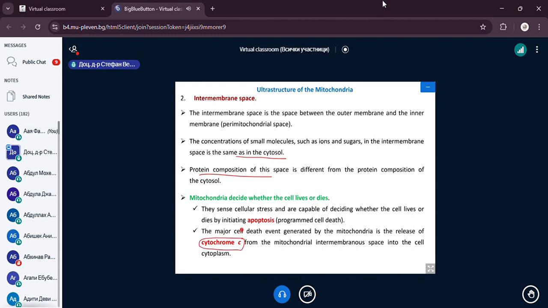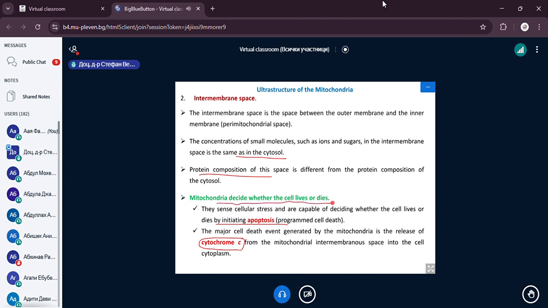Cytochrome C is a special molecule involved in the initiation of a process quite important for each cell called apoptosis. Apoptosis means programmed cell death. And mitochondria are the organelles which actively participate in this process of programmed cell death. Indeed, mitochondria are the organelles which decide whether the cell will live or die.